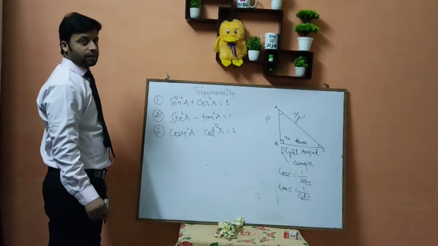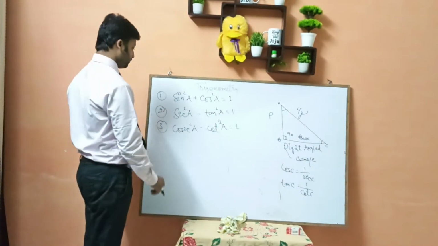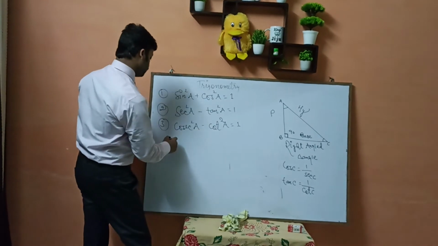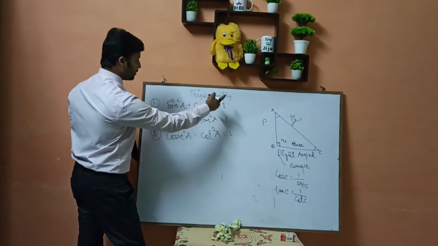These three identities we can use to solve the proof questions. So the first one is sin square a plus cos square a equal 1.